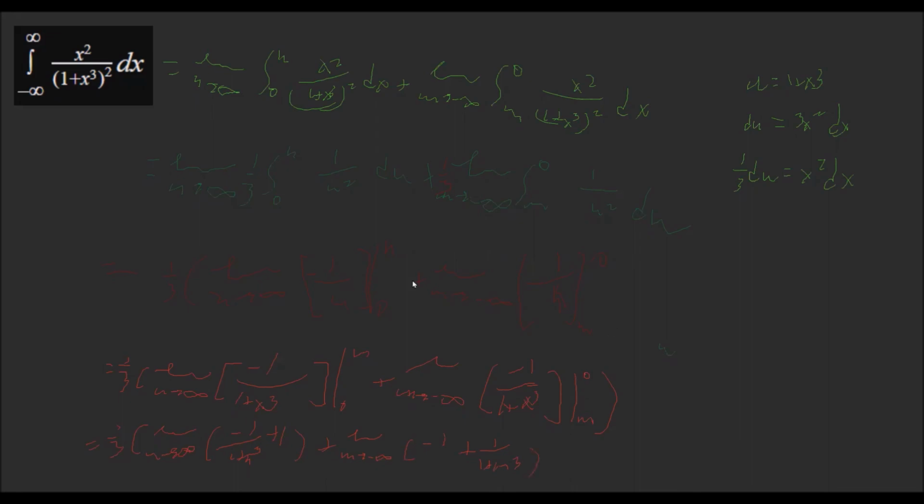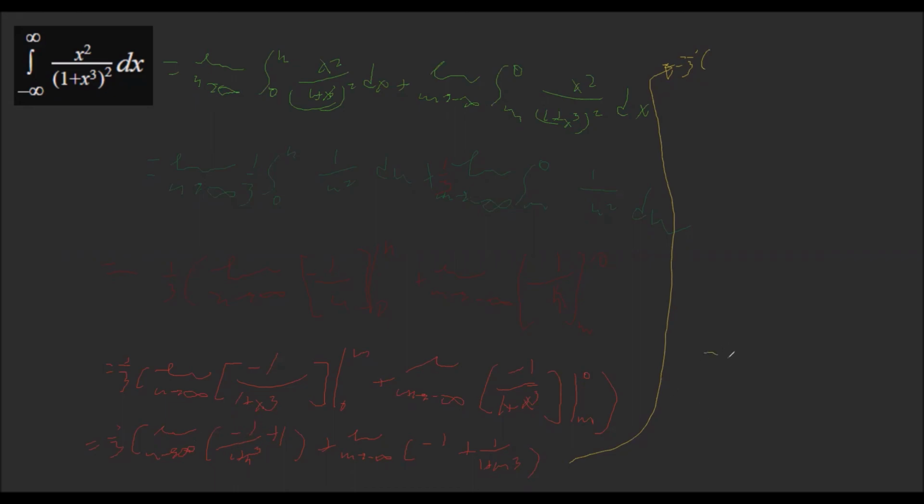And so from here, we can begin taking the limit of these two terms. I'm going to have to make a bit of room, so I'll erase this over here, as well as this. And I will continue on this side over here. So all we need to do now is take the limits of our values. So we end up with 1/3 the limit as n approaches infinity of negative 1 over 1 plus n cubed.